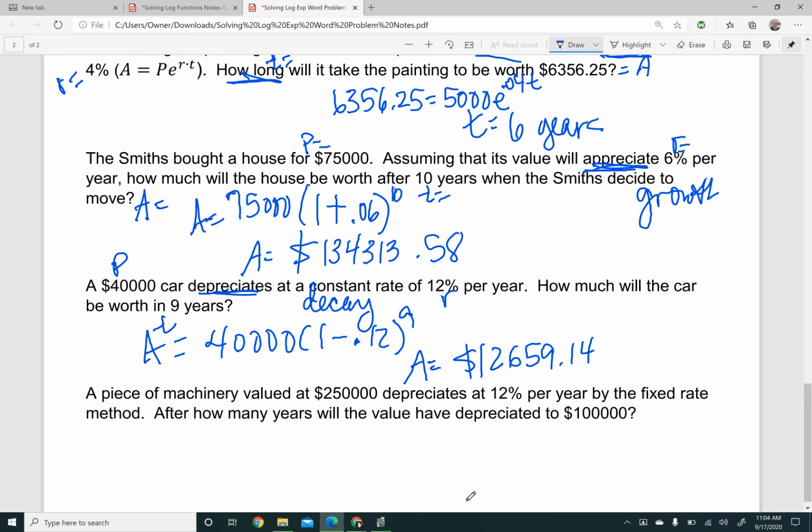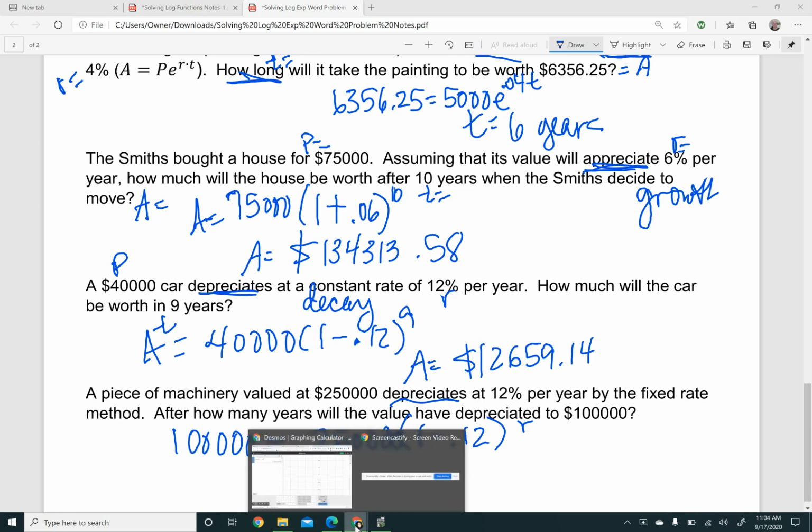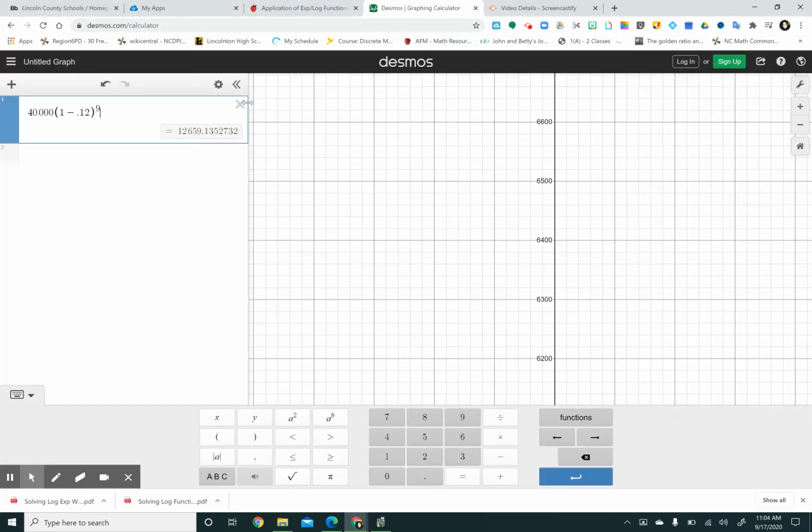Last one here. So again, we're talking about depreciating. So 250,000 depreciates at 12%. We want to know when it's going to depreciate to 100,000. So that's our R. So Y equals 100,000.